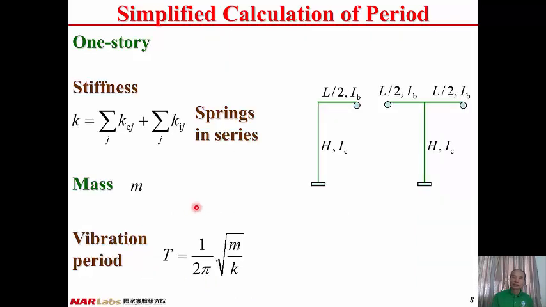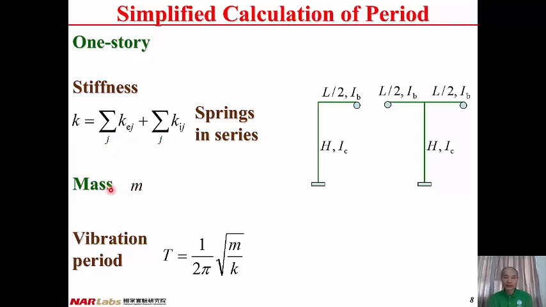And if we consider all the column lines as springs arranged in parallel, therefore we can have the stiffness of the whole structure, which is the summation of the stiffness of the exterior columns and also the summation of the stiffness of interior columns, so that K, the stiffness of the structure, is equal to summation Ke_ij plus summation Ki_ij.